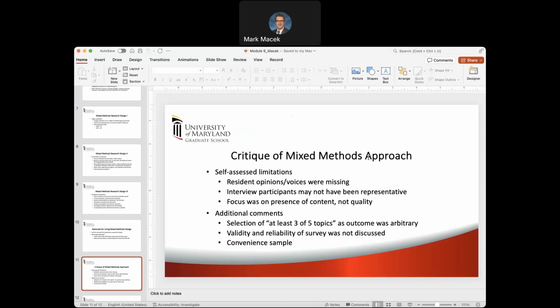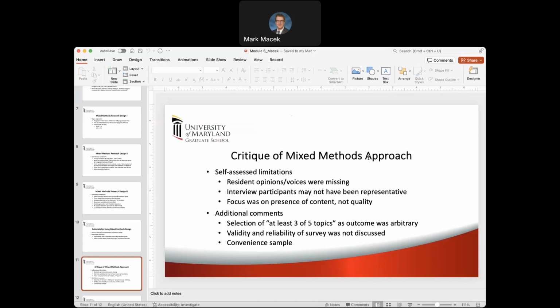First, in their analysis of the survey data, the researchers defined their outcome measure as including at least 3 of the 5 behavioral health topics of interest. This cutoff was arbitrary and, again, may have had little correlation with the quality of the content. Second, the researchers failed to discuss whether the survey was assessed for validity and reliability.